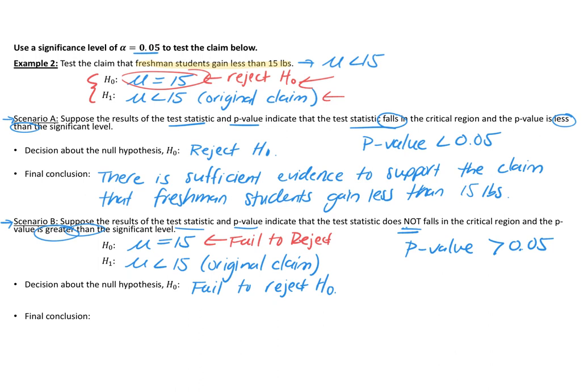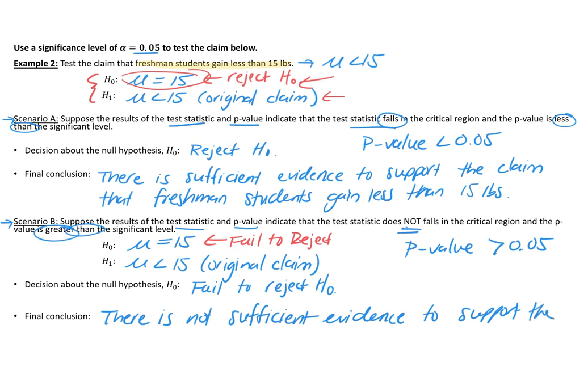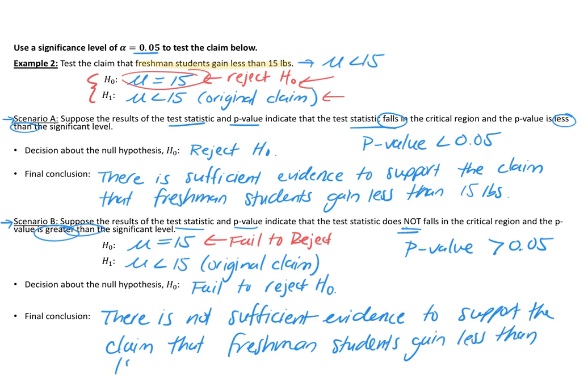So to word our final conclusion here, we would say that there is not sufficient evidence to support the claim. Not sufficient evidence to support the claim. And then again, rewrite the original claim that freshman students gain less than 15 pounds.